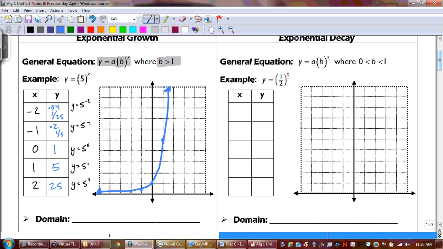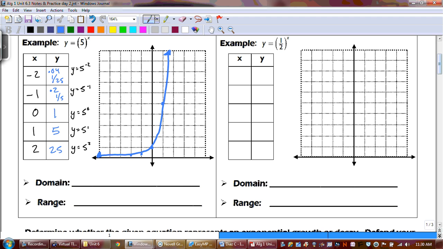Now, we did briefly talk about domain and range. Domain is your x. And for x, it can be all real numbers. There's no stop on x because your x is left to right.